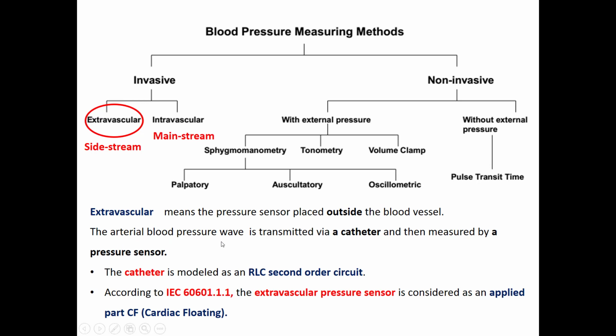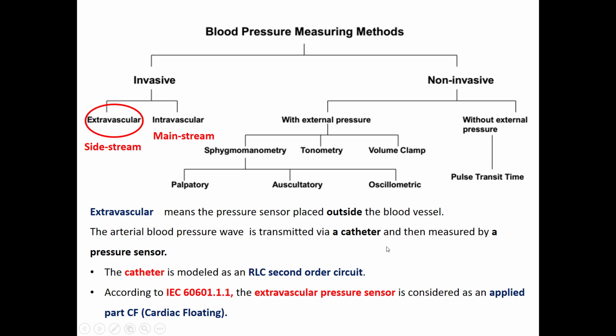The arterial blood pressure wave is transmitted by a catheter, and we need to make a model for this to study its impact on the transmission of the arterial blood pressure wave.